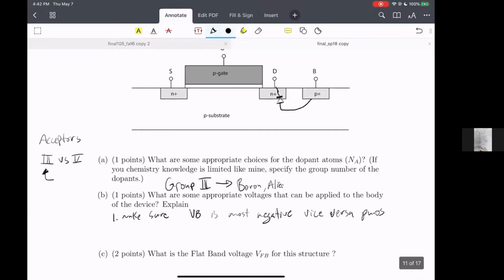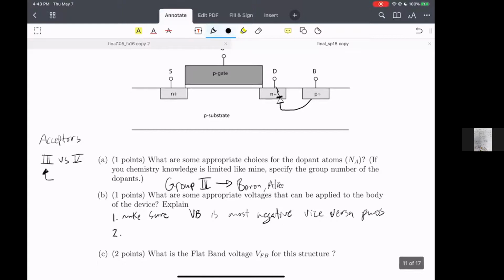You can pretty much have any body biasing as long as you don't break this condition, or rather, you can put any body voltage that you want and not have this be forward biased.